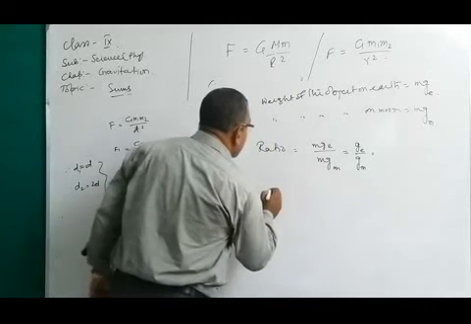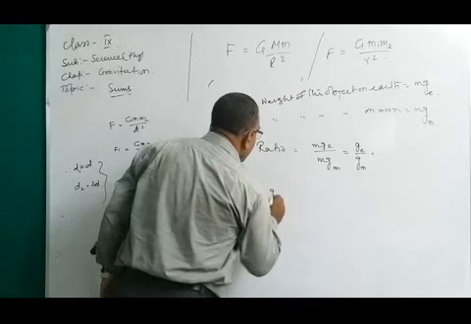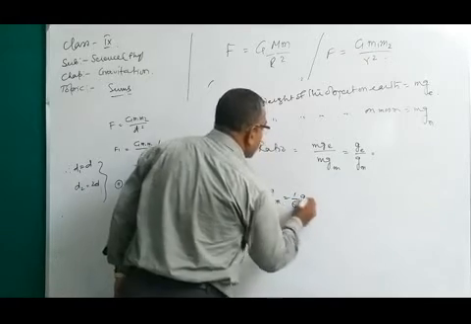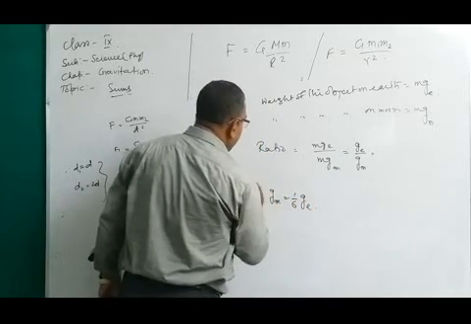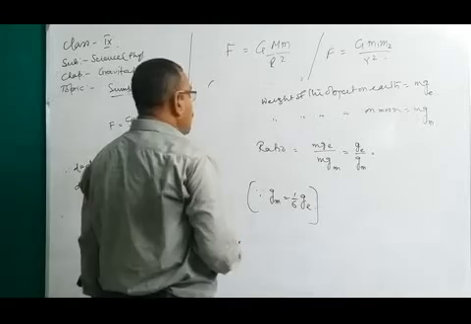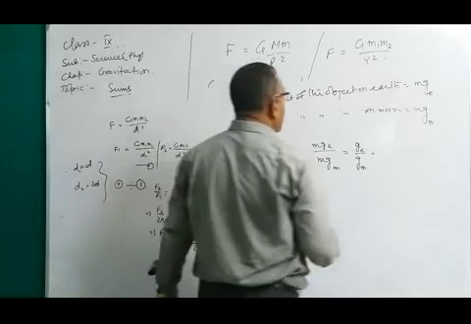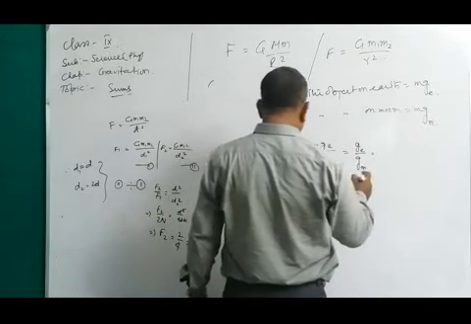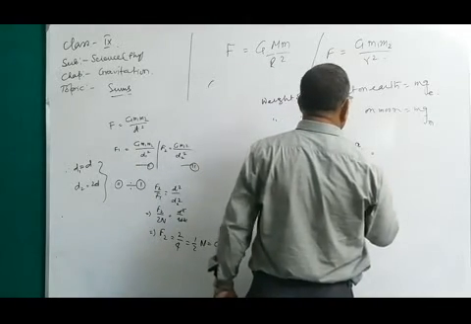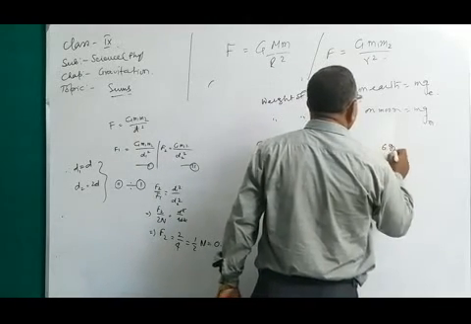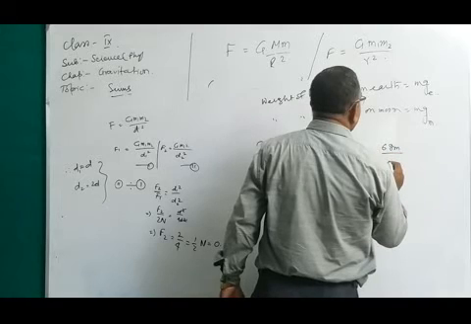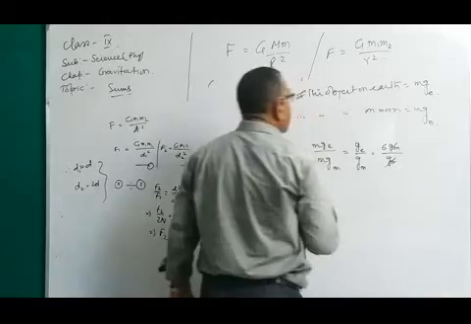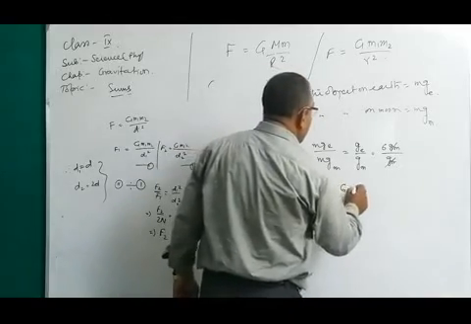G moon equal to 1/6 of G earth. You know it. So you write here G earth equal to 6 of G moon. 6 of G moon by G moon, that is equal to 6:1.